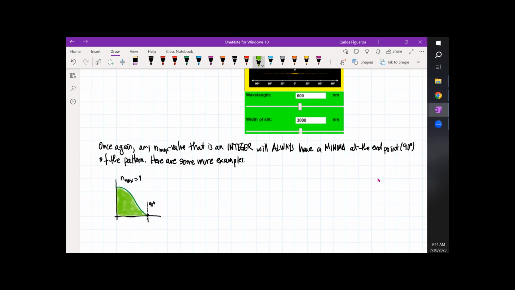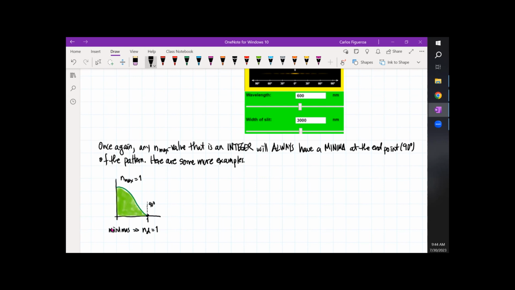So if I look at my values for my minimas, we can see here that that's an integer, so that immediately tells me that nd is equal to 1.